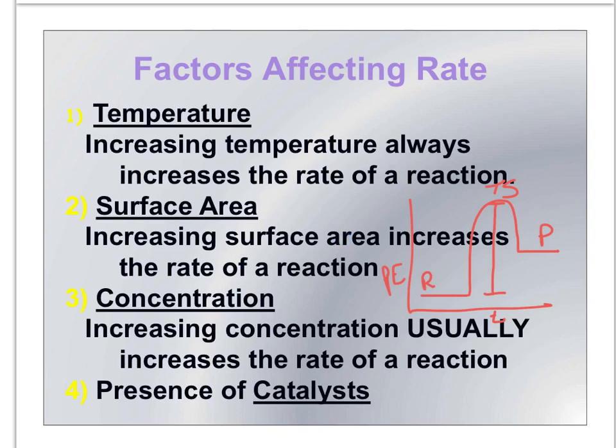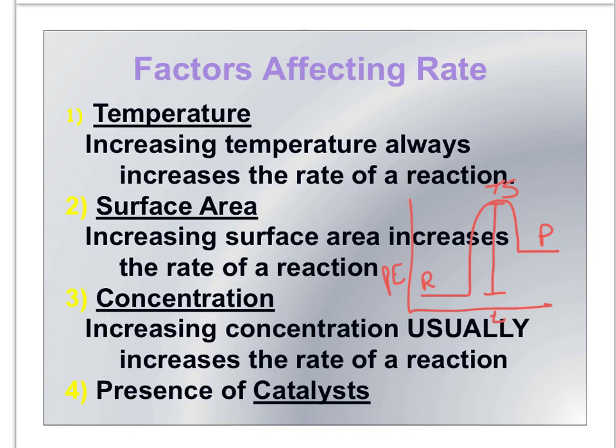Compared to the whole tablet, the surface particles would react, and then that exposes some more, and then exposes some more, and then exposes some more. So it takes much longer for the core molecules to actually react.